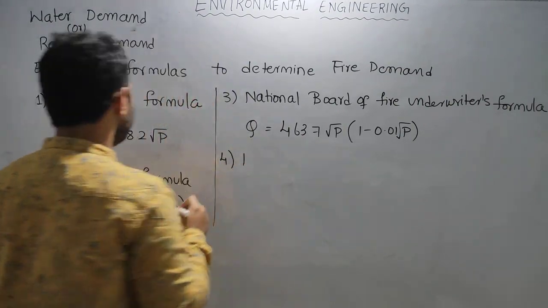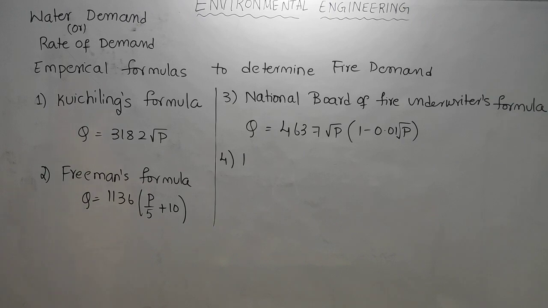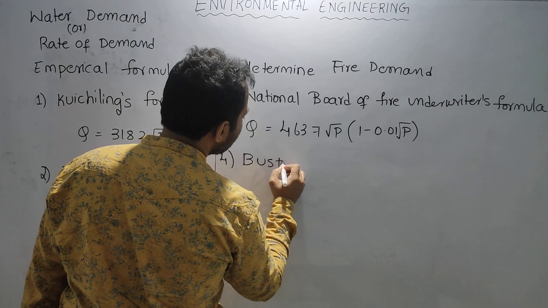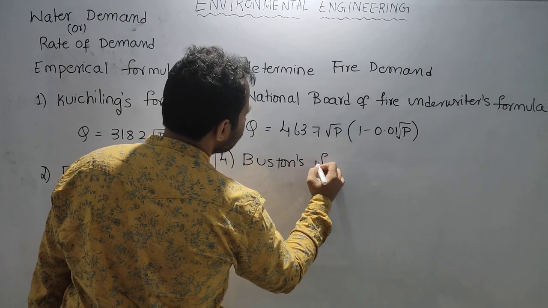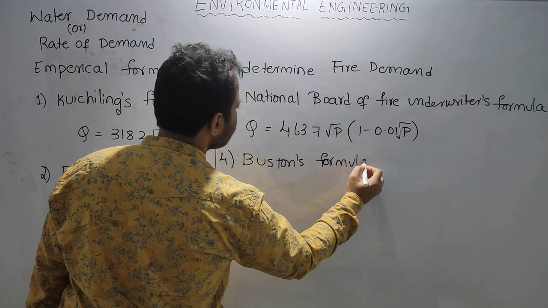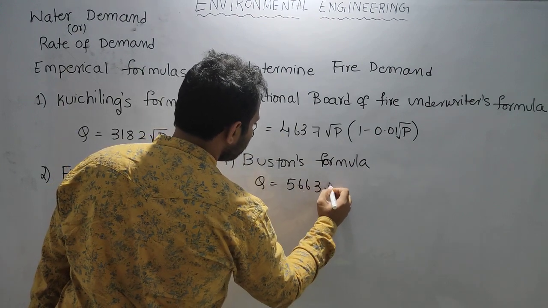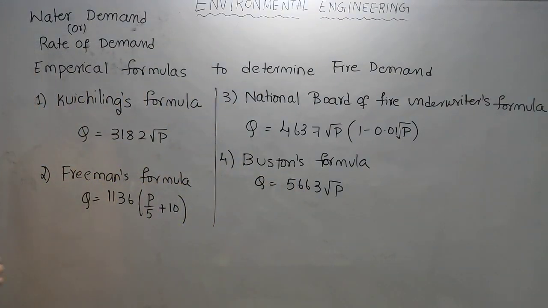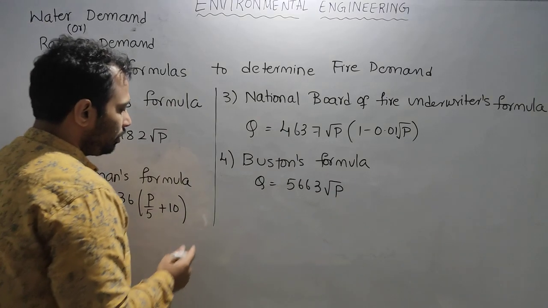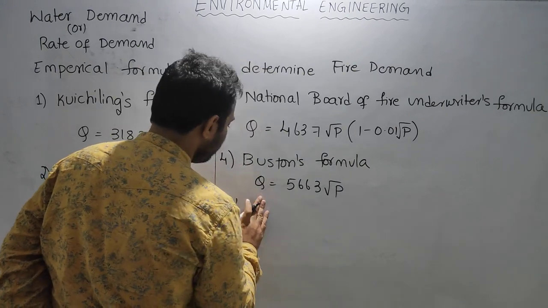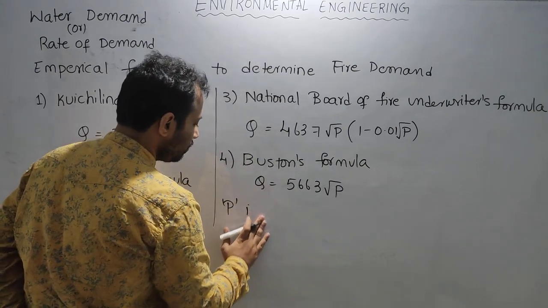And the fourth one is Boston's formula. Q is equal to 5663 square root of P. In all the formulas, you need to substitute P in thousands.